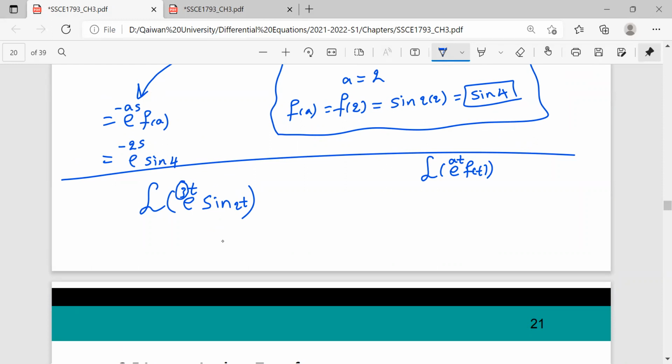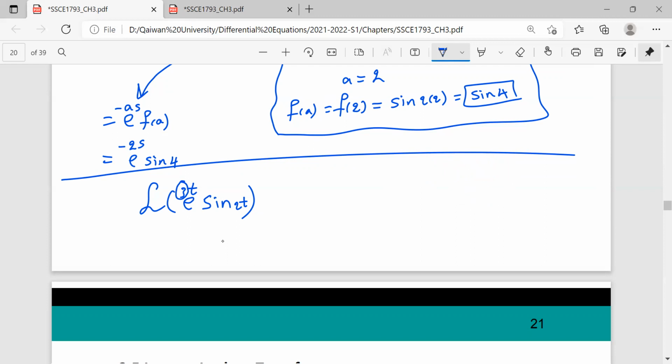What we do is find the Laplace transform for f of t, which is f of s. Then we replace each s by s minus a. We find first the Laplace transform for this function, and then we replace each s by s minus a.